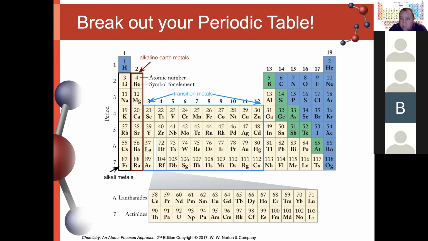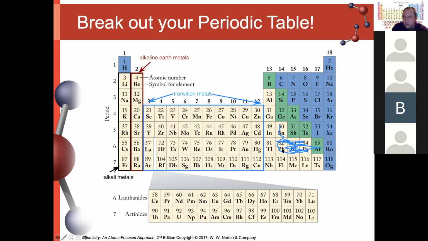They have the possibility of having multiple charges. And actually, we'll see that in some ways, elements like tin, lead, bismuth, polonium, tend to act more like transition metals than traditional metals.